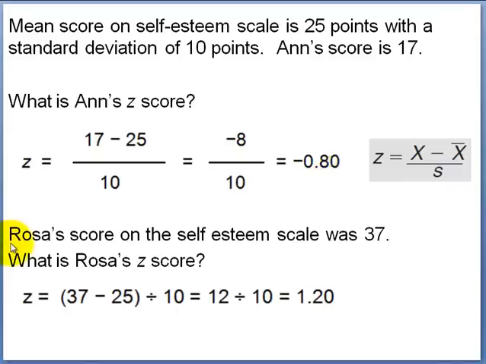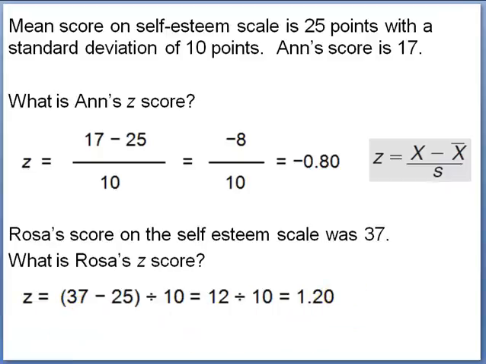Let's calculate Rose's z-score on the self-esteem scale. Her score is 37. Here's the calculation of her z-score. X minus x bar divided by s, 37 minus 25 divided by 10.